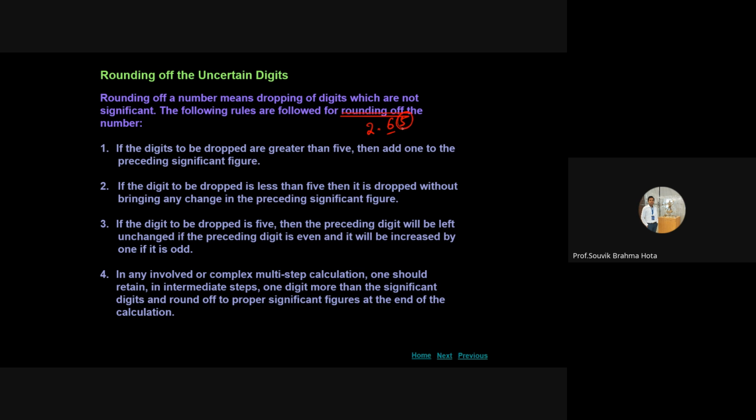But the preceding number is 6, which is even, so there should be no change; it should be 2.6. Now if you have 2.76 and you need to round to one decimal place, the 6 is greater than 5.